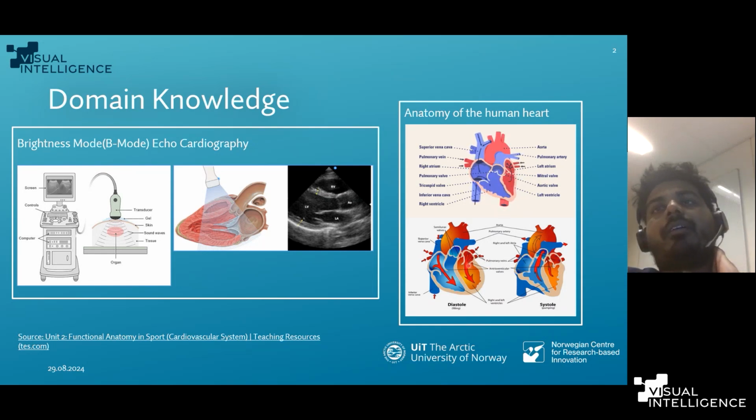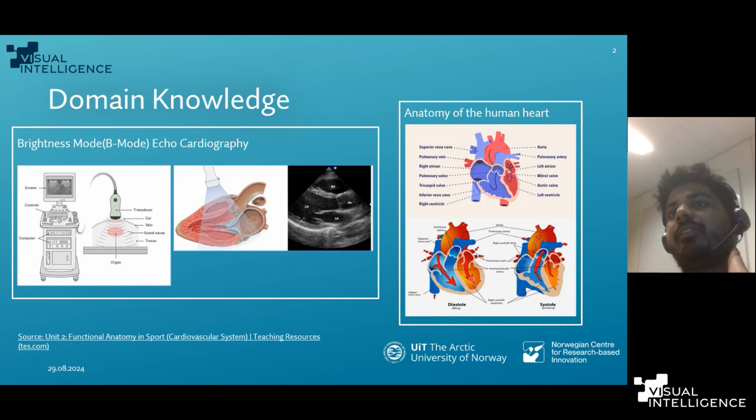Whenever the heart is expanding, the blood is filling both chambers of the heart, and this is called the diastole phase. Whenever the heart is contracted, blood is pushed out of the heart chambers, and this phase is called systole, or the pumping phase.